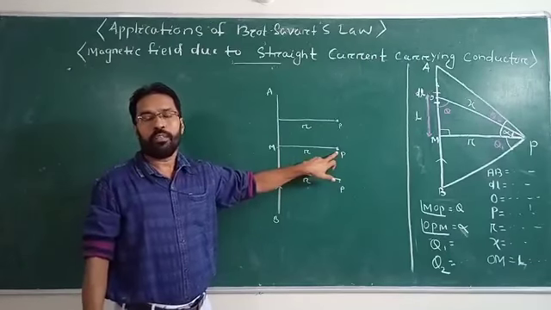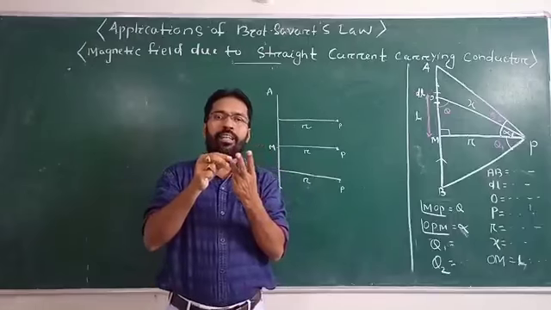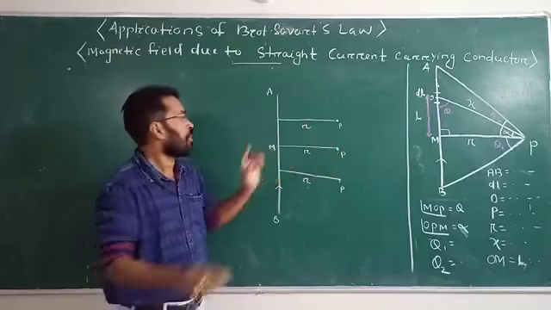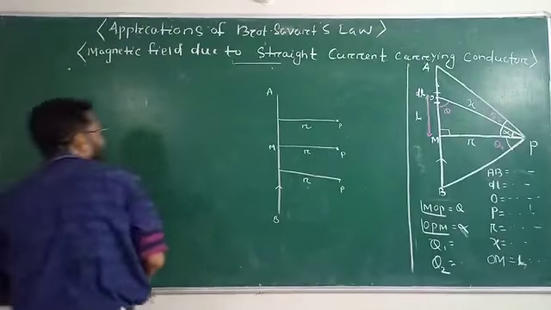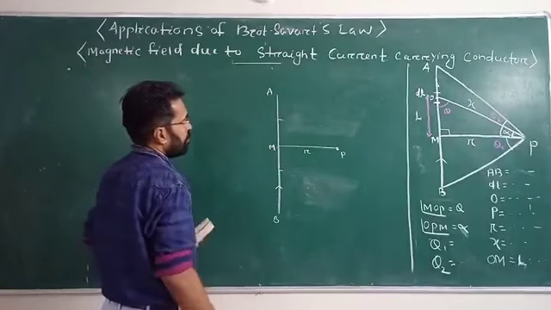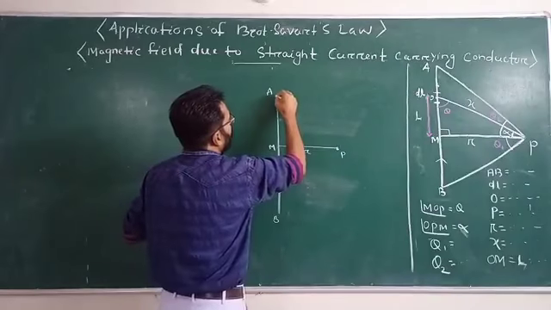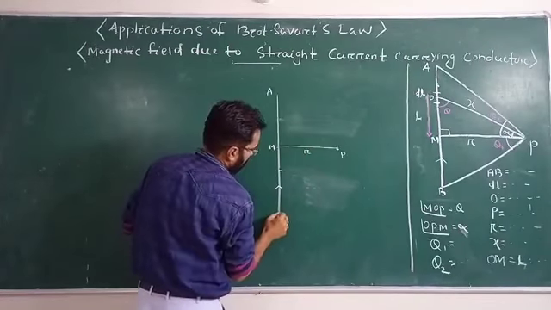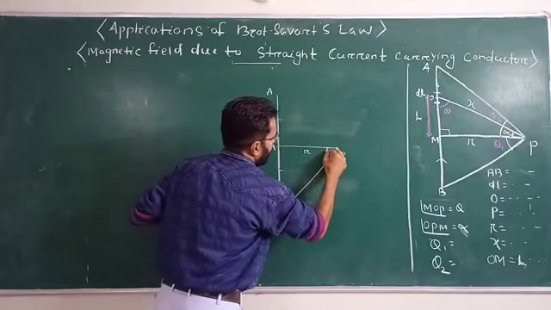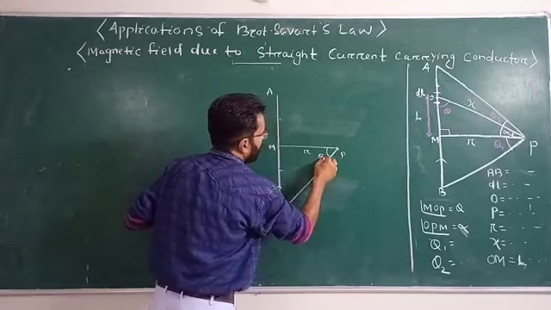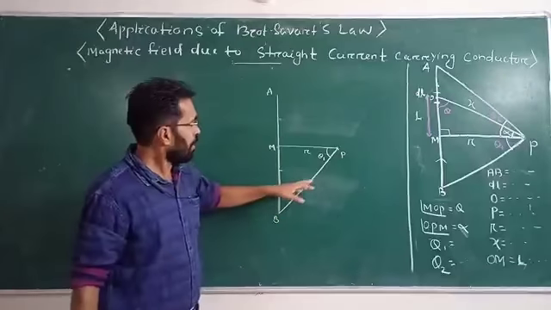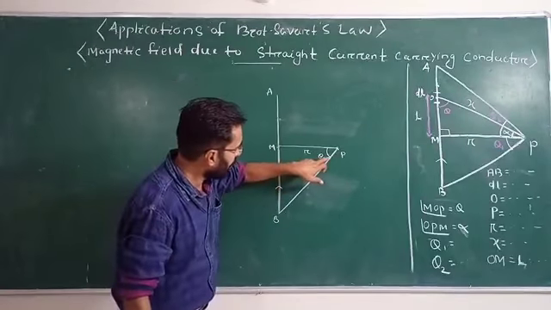So what will we do here? There are 3 terms to identify the point P. What are the 3 terms? This is one term, point P. Now you draw a line from B to P. Let this angle be theta 1.